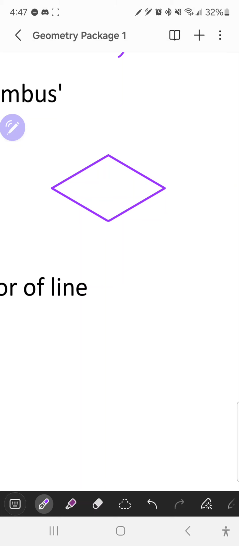So well, it's basically a rhombus. And one of the properties of the diagonals of a rhombus is that they are perpendicular. So this line is perpendicular to this line and forms four right angles.